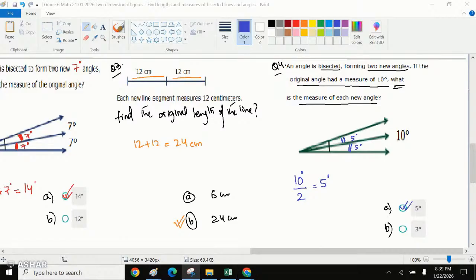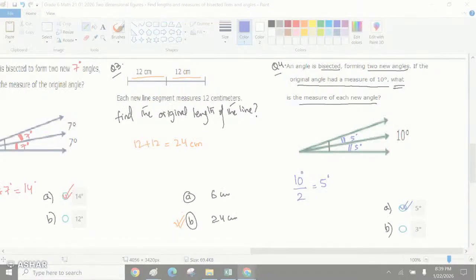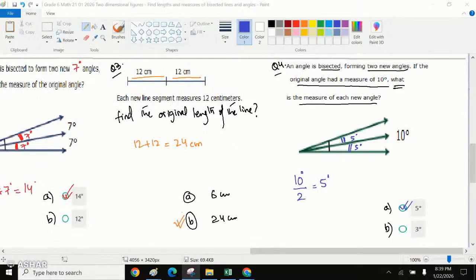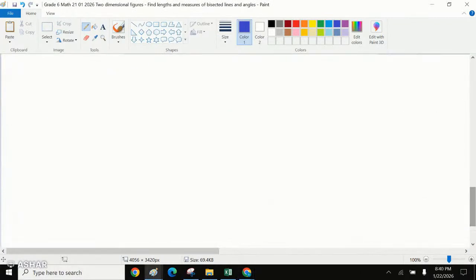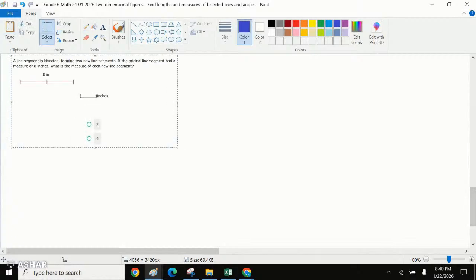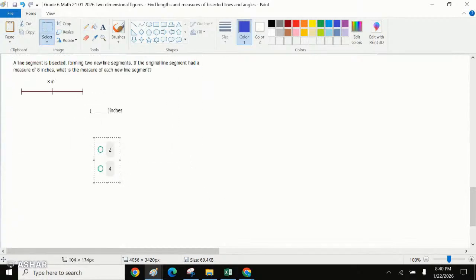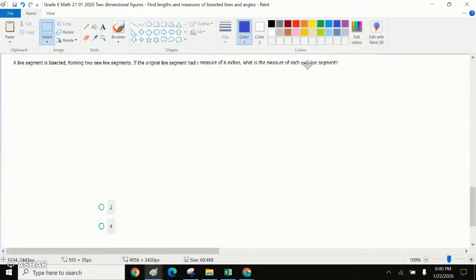The next question, question number 5, says a line segment is bisected. I'll just draw this, copy paste. I'll remove a few things from the question and just leave the word problem.